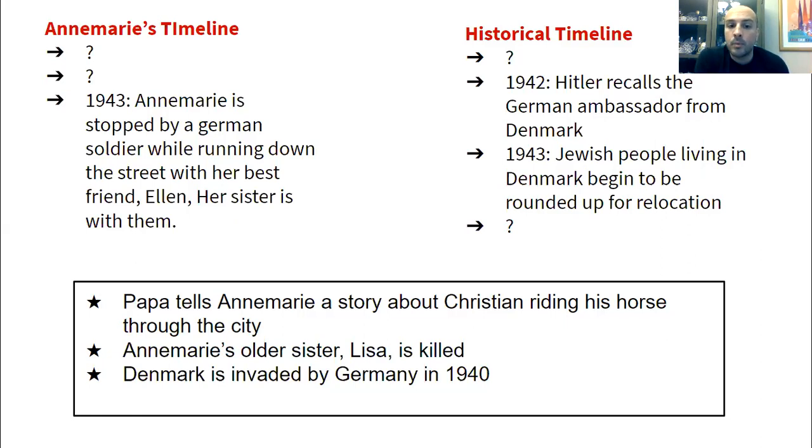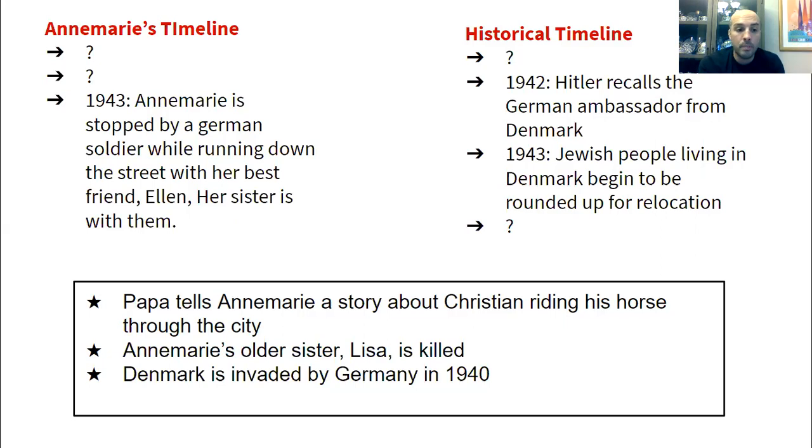Then we heard about Anne Marie's older sister, Lise, being killed. However, Anne Marie's older sister was killed far before that story took place. So it can be very tricky when some things in a story or in a book don't happen chronologically, because it becomes your job as the reader to plot the events on a mental timeline, okay?